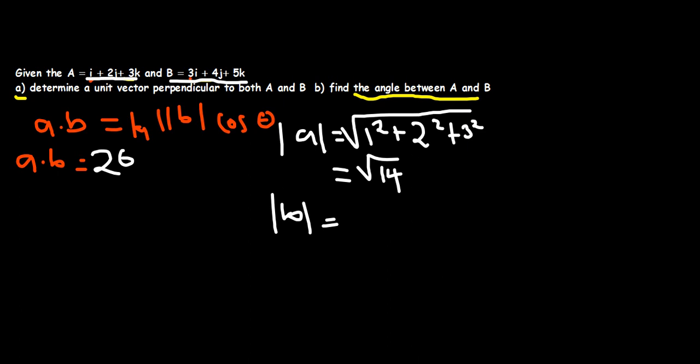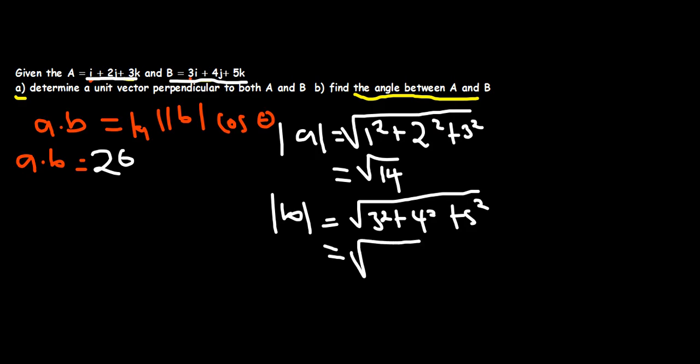So it will be 3 squared plus 4 squared plus 5 squared, and then you take the square root. 3 squared is 9, plus 4 squared is 16, plus 5 squared is 25. So when I add that, I get the square root of 50. Now I have everything that I need in order to find my angle.